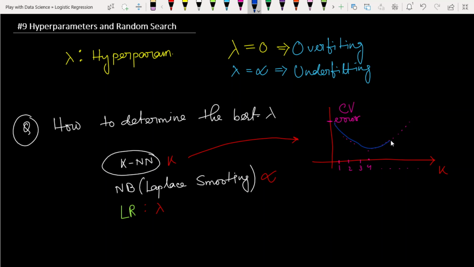In this case, what is our best K? If we consider this model, then our best case is about 4. So in such cases, our best hyperparameter is 4.